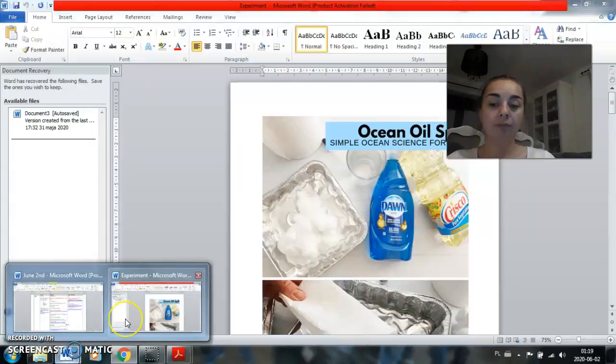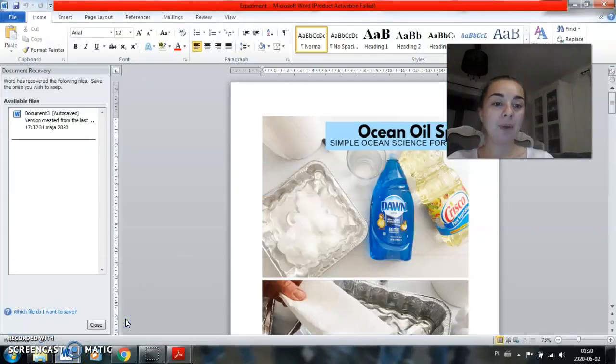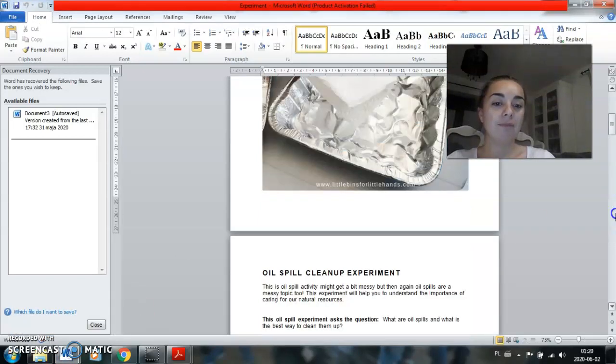So yeah, and then the experiment with the oil. We don't need much stuff. Plastic container, some water, vegetable oil, cotton pads, paper towel. So you will see what happens if the oil spills on the ocean.